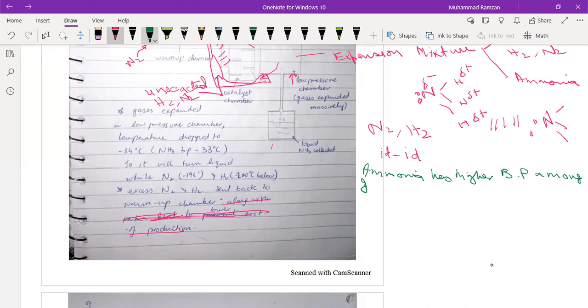Due to hydrogen bonding, which operates among molecules.